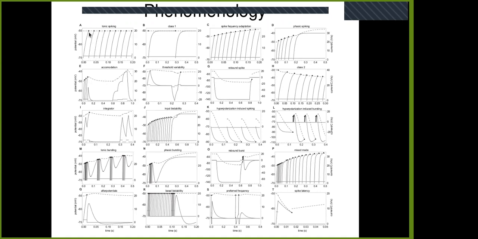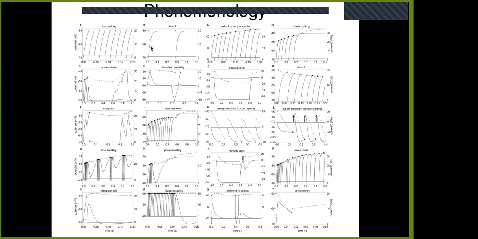Then you reach a threshold, which is the dotted line, and the spike is simply denoted by a big black dot. For this set of parameters, if we inject a constant current, we get a sequence of spikes with a constant frequency. So that's maybe the simplest case.